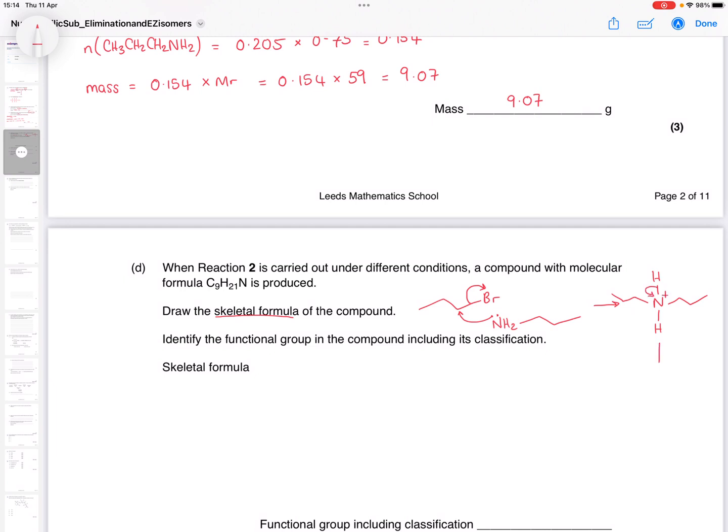and do this. And then that secondary amine could react with another molecule of the halogenoalkane starting material. So I'll draw that here.